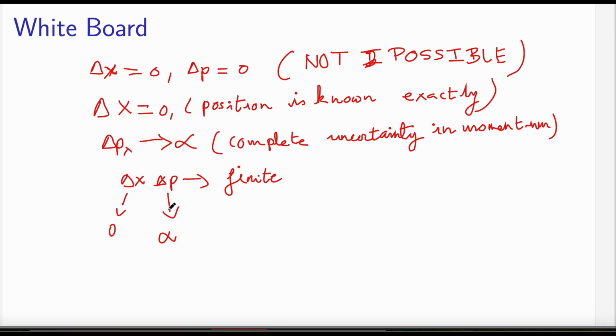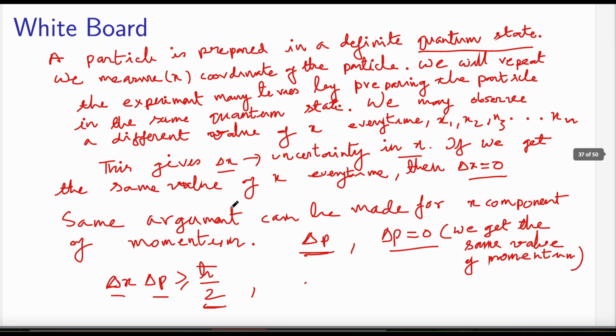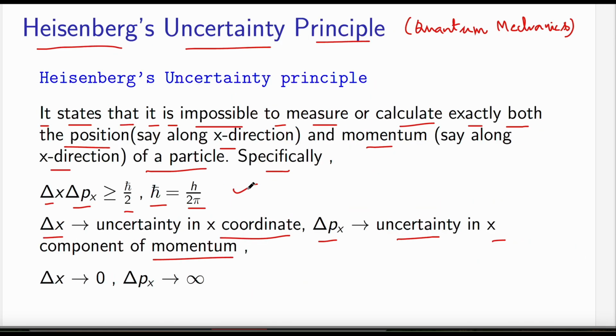But if delta p is not infinity, if it is a finite quantity, then this product will always be 0. So that is how this inequality is very sacred in quantum mechanics. This inequality is always satisfied. So delta x tends to 0 means delta px tends to infinity.